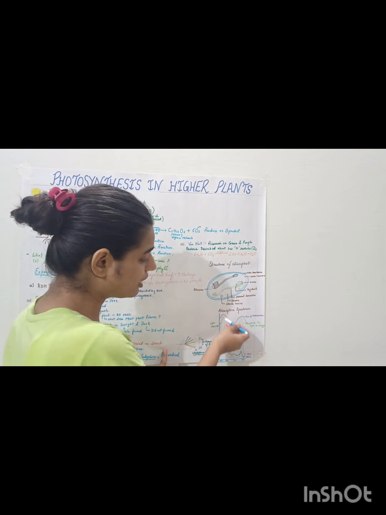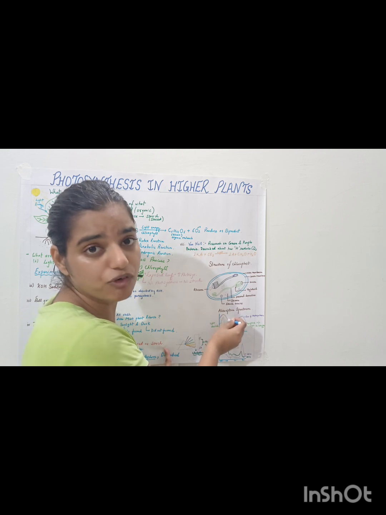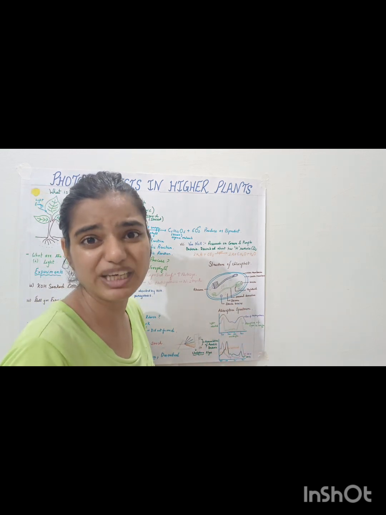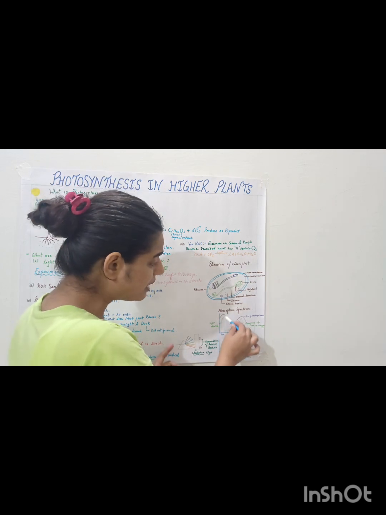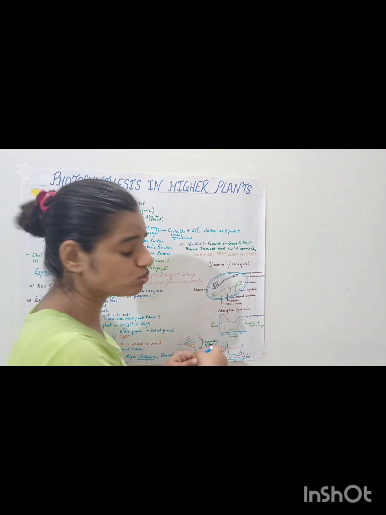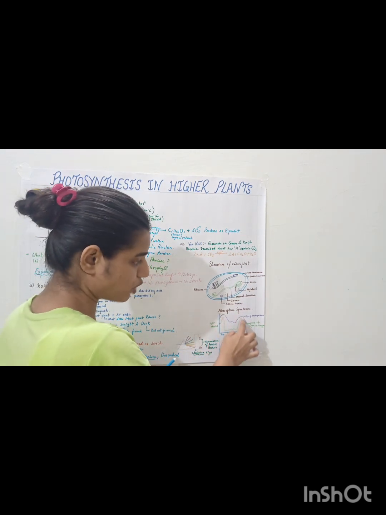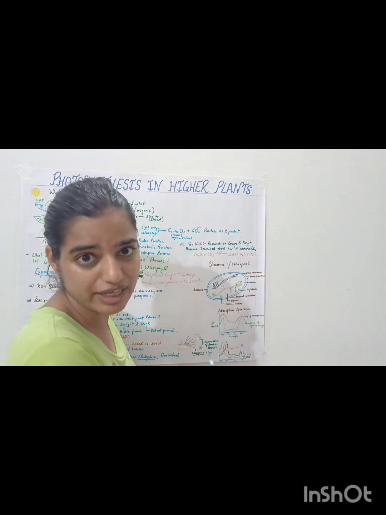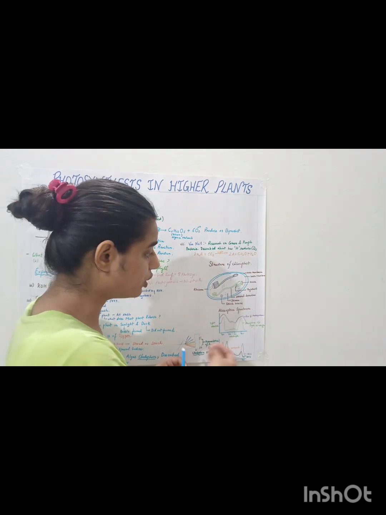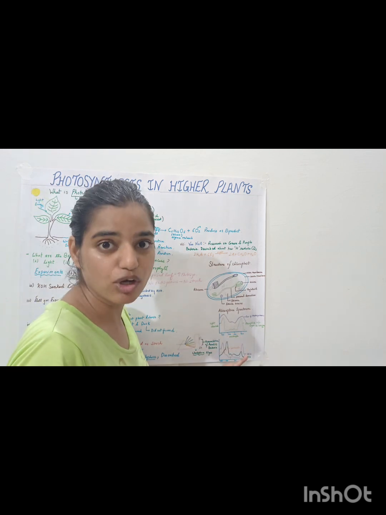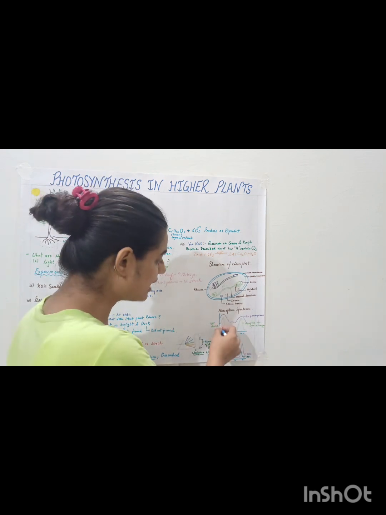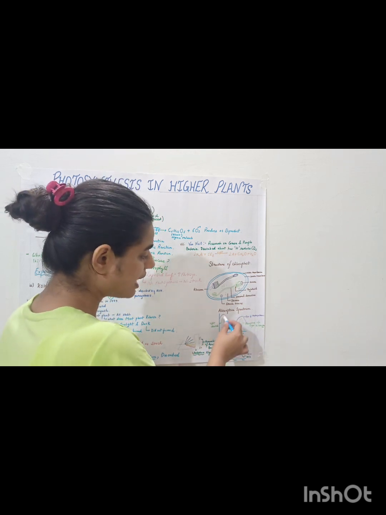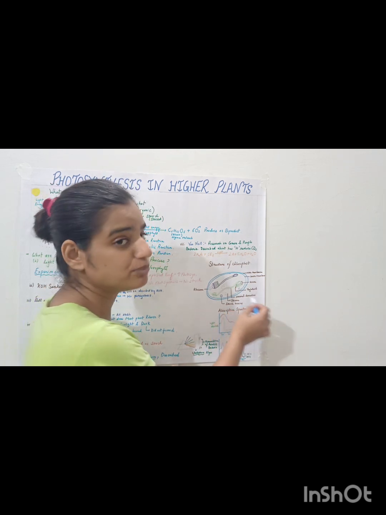In that particular area the action is performed. What is the action? The process of photosynthesis occurs in the same range of wavelength. This is the absorption spectrum: the range of wavelength where the chlorophyll a molecule absorbs the light maximally, and in that area photosynthesis occurs.